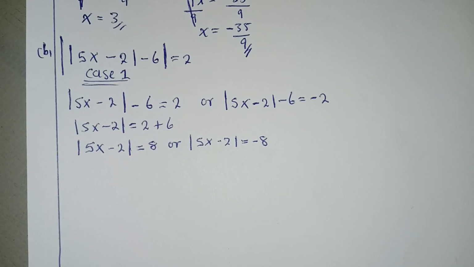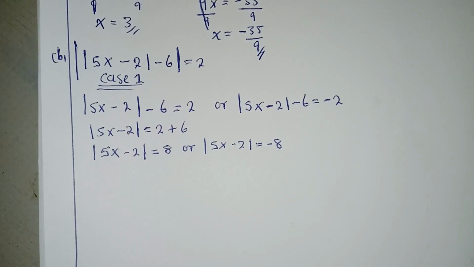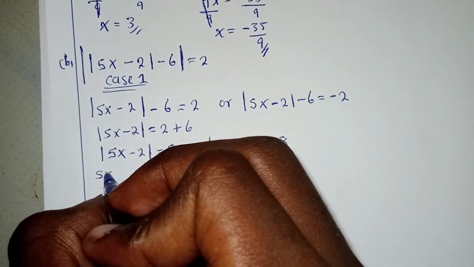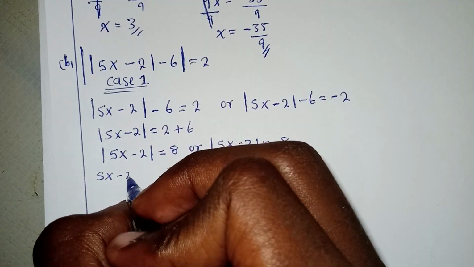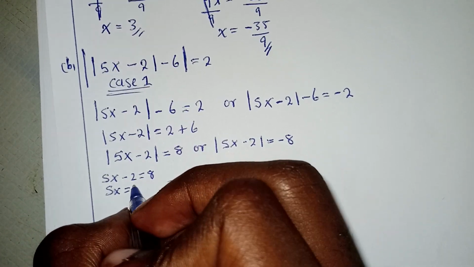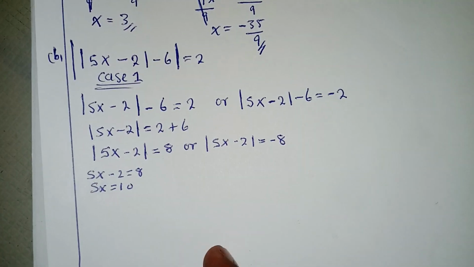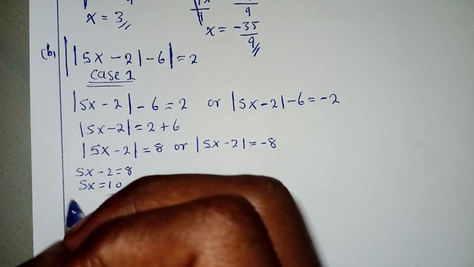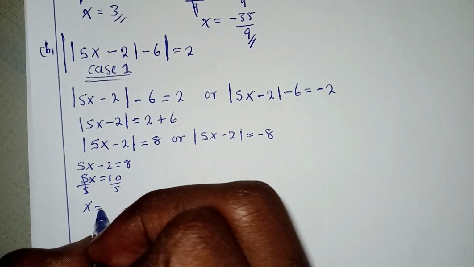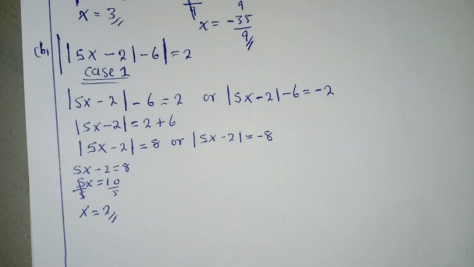Just like this, simple. Then from here, we can solve for this one. So 5x minus 2 is equal to 8, 5x is equal to 10. If this goes this side, this becomes 10. Then automatically, divide by 5, we're going to have a 2 here.